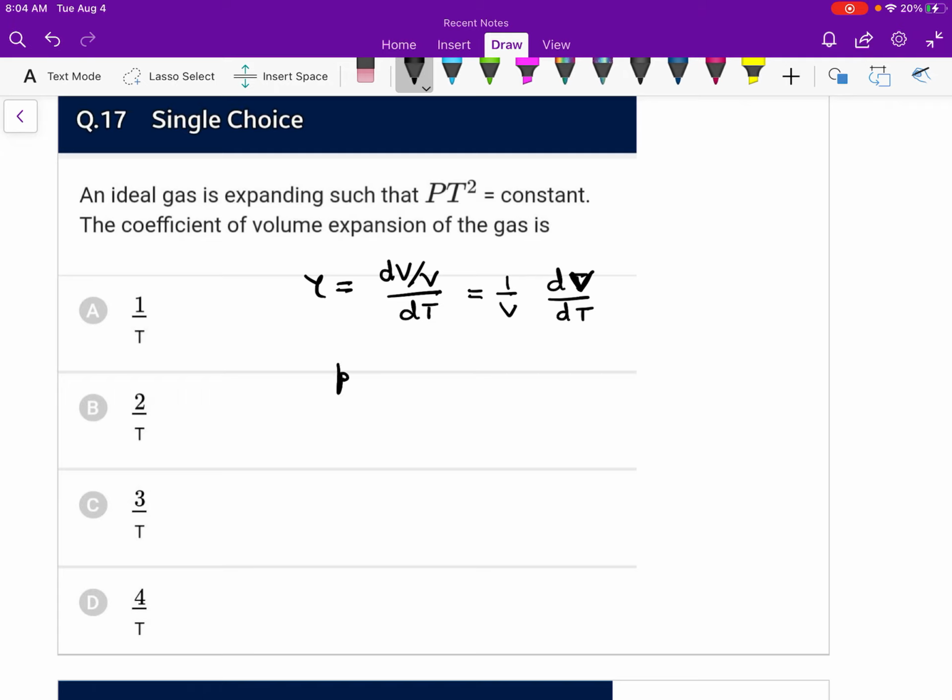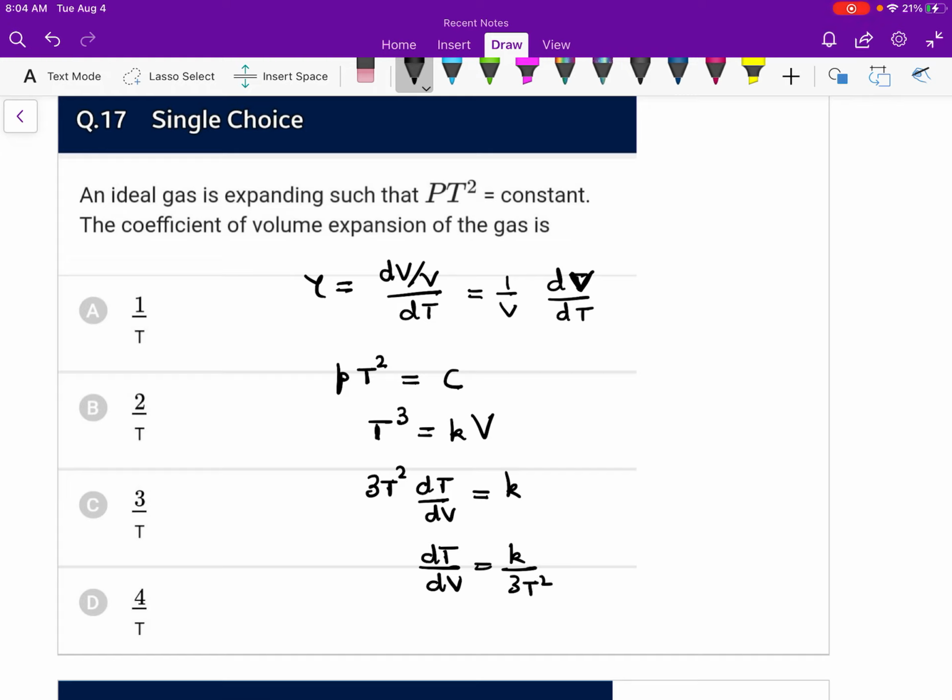Now PT square is equal to constant, or we can say P is nRT by V, so T cube is K times V. We write P as nRT by V, so T cube is proportional to V, or T cube is K times V. K is a constant, so 3T square dT by dV is K, or dT by dV is K upon 3T square.